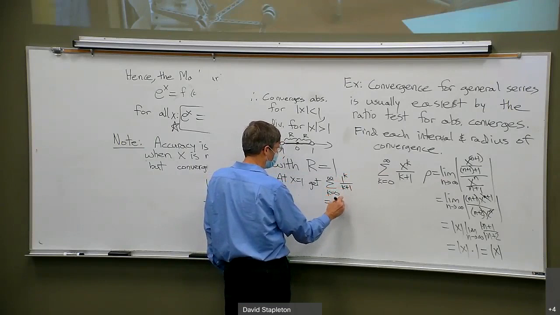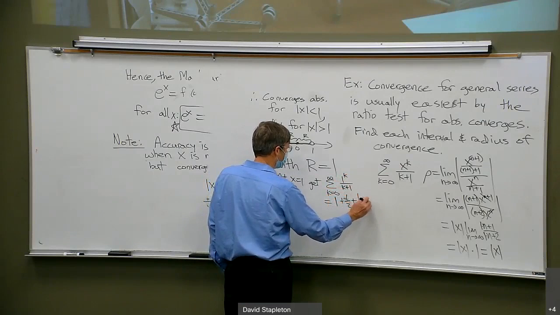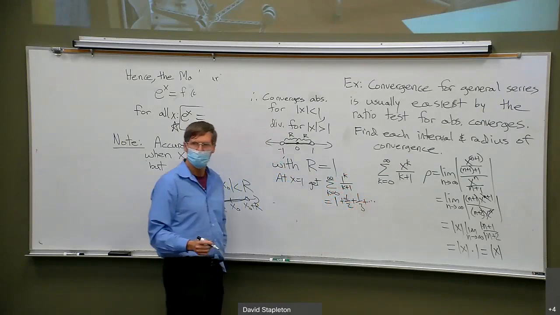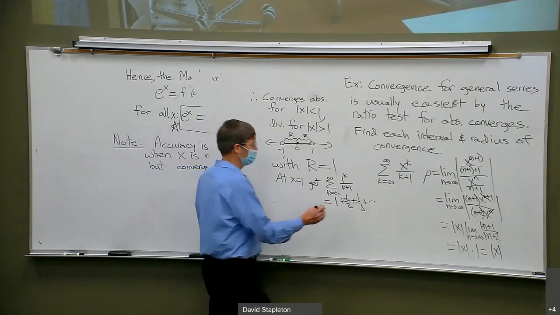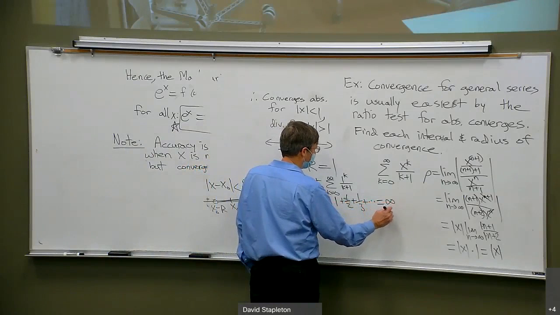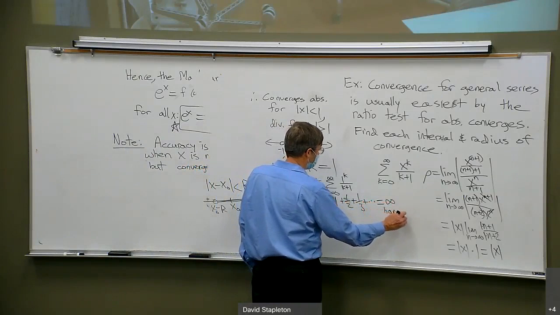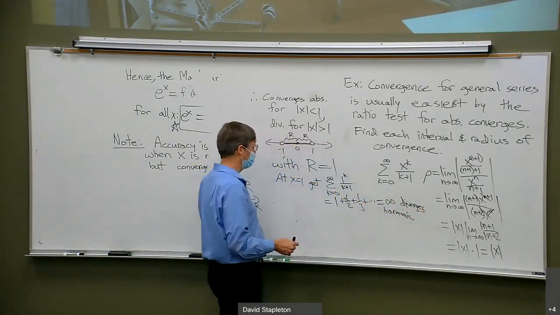When k equals 1, you get 1/2. When k equals 2, you get 1/3. Does that look familiar? Do you recognize that one? That's our friend the harmonic series, right? We know that adds up to infinity. So it diverges, right? It's not a finite number, we say it diverges.